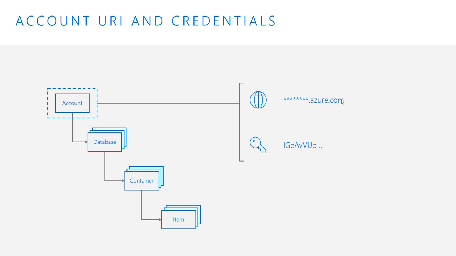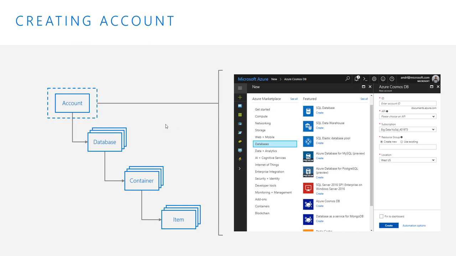Now we have a URI for an account, and then we will have two kinds of keys, a master key and a read-only key, to access this account and all the resources inside this account. So this is how you will go and create an account. If you are on the Azure portal, click on this plus sign and follow the arrow, and then you will choose a database, and then choose Cosmos DB, and then you start entering a couple of fields, which ask you the ID, the name of your account, and what API you want to use.